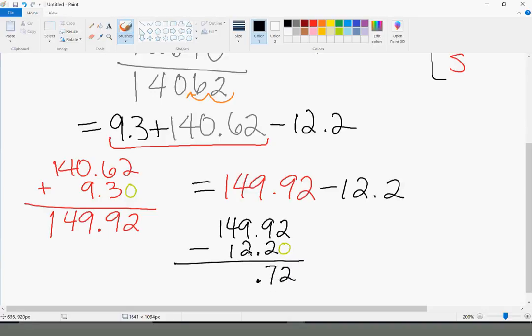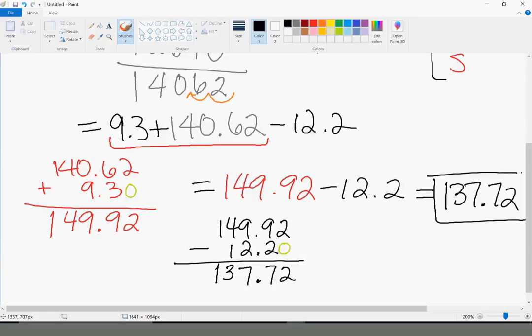Drop that decimal. 9 minus 2 is 7. 4 minus 1 is 3. And 1 minus nothing, or bring down the 1, will be a 1 here. So your final answer is 137.72.